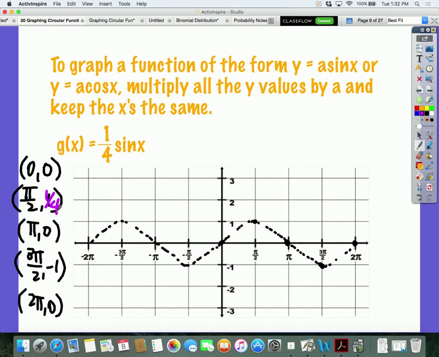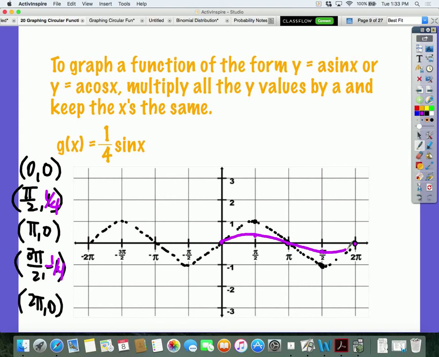Pi 0 stays pi 0. 3 pi over 2, -1 turns into -1/4 for its coordinate there. And then 2 pi, 0 stays. So these are the points that get graphed to show that vertical shrink.